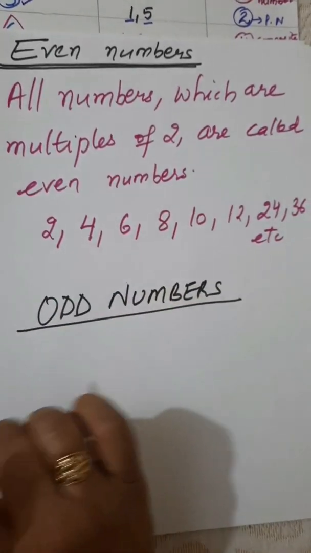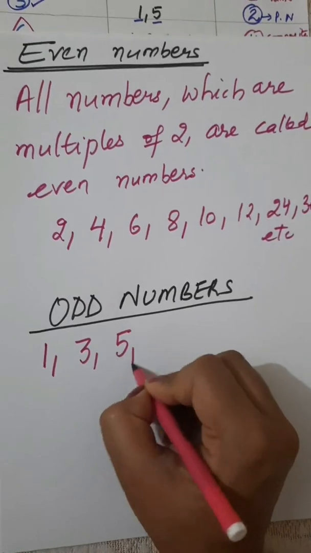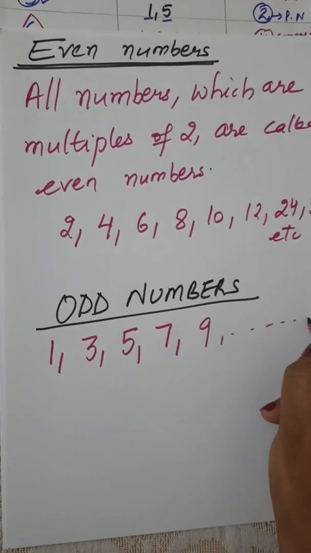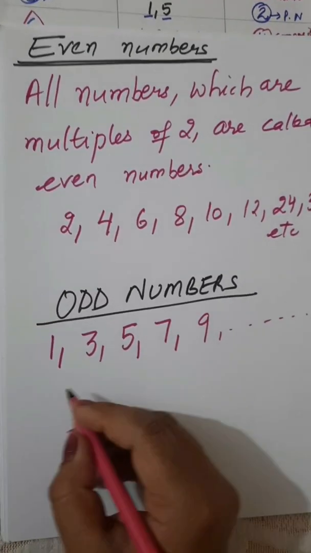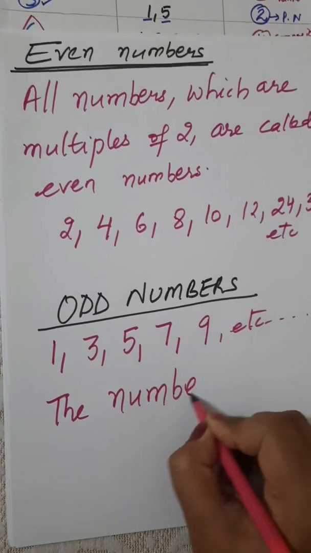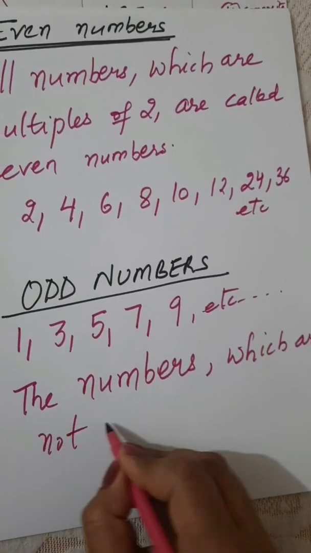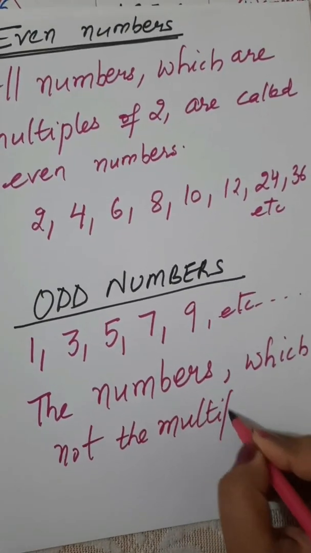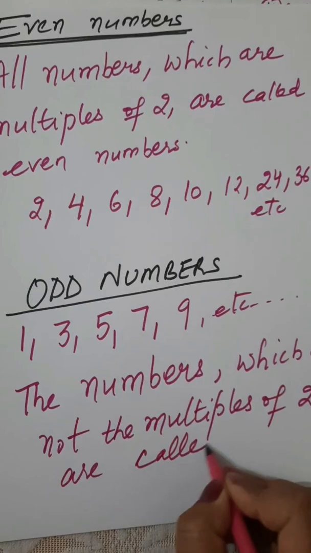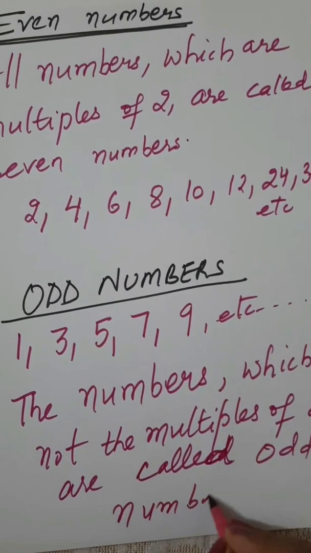So the numbers which are not the multiples of 2, like 1, 3, 5, 7, 9, these are called odd numbers, etc. So I will write: the numbers which are not the multiples of 2 are called odd numbers.